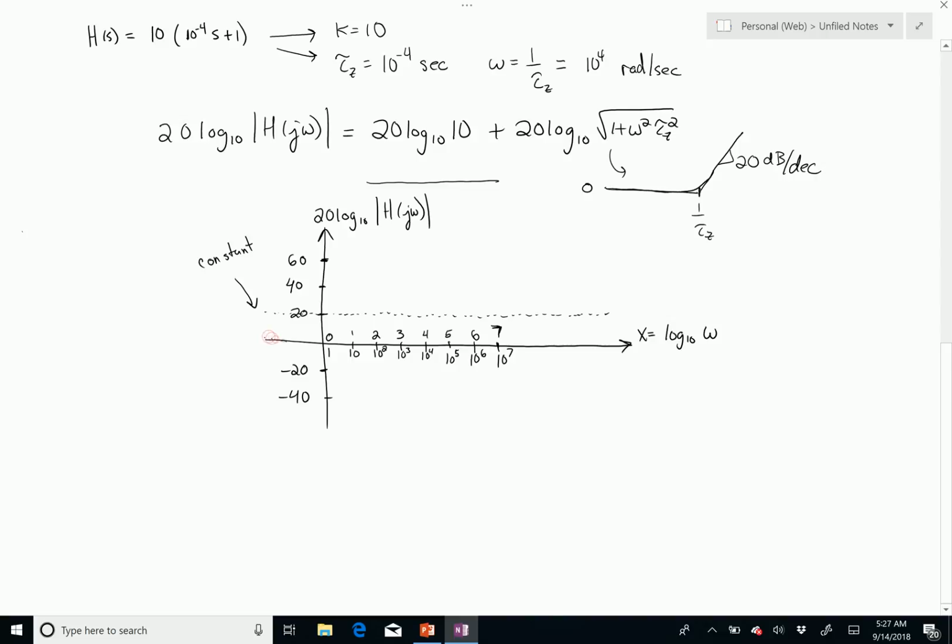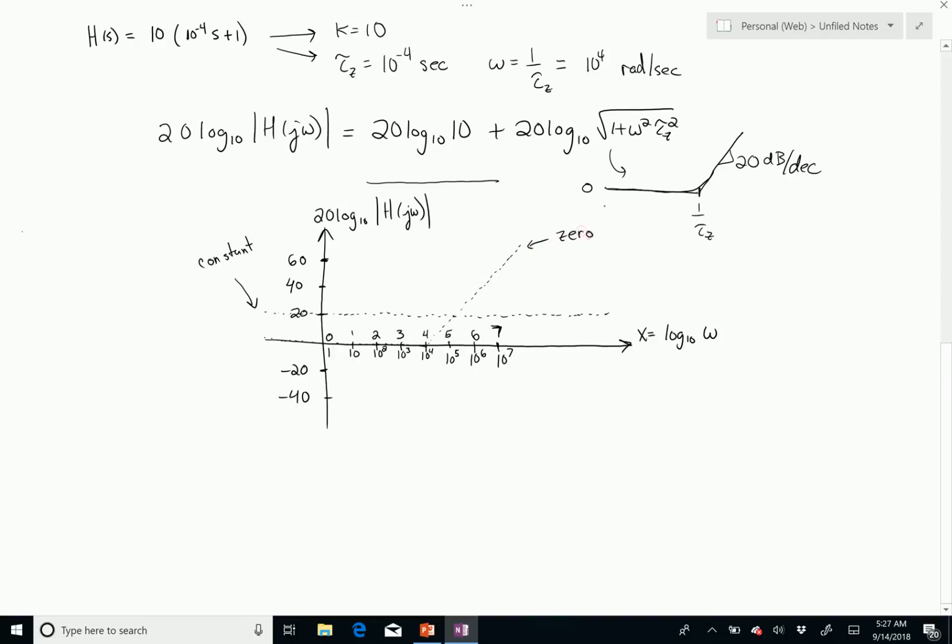So I'm going to draw from 0 out to 10 to the 4th, and then at 10 to the 4th I start to rise basically 20 dB every decade thereafter. That's the effect of the zero.